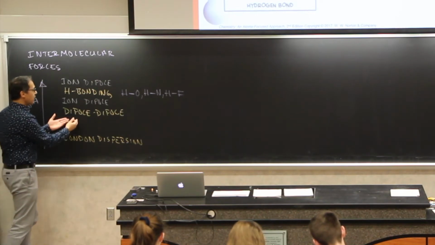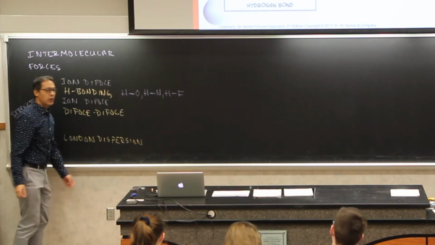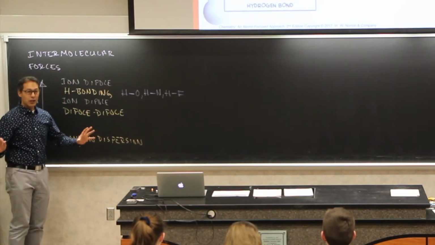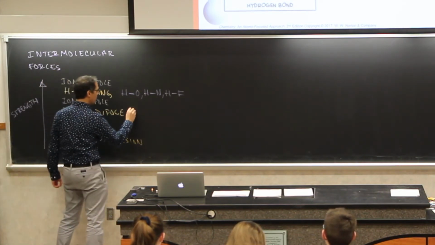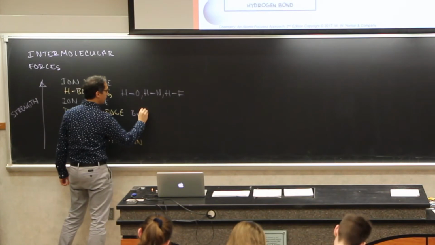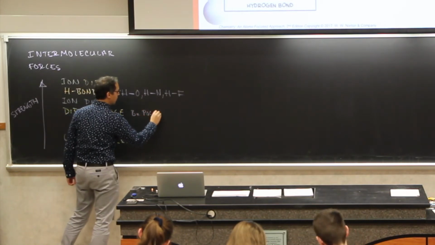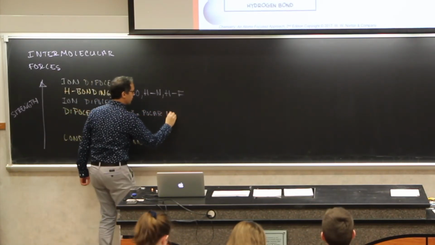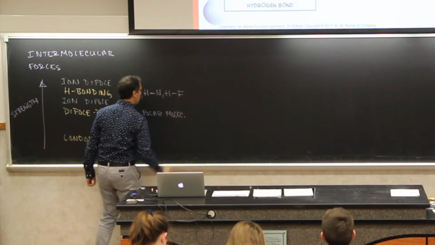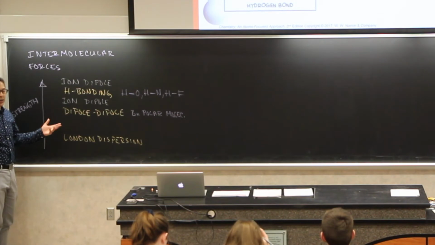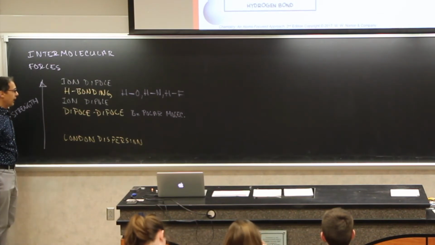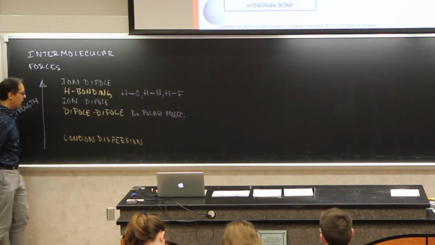Now, dipole, dipole, this is between polar molecules. So you have to have two polar molecules. Like water. Water is polar, and so we could have dipole, dipole with water.